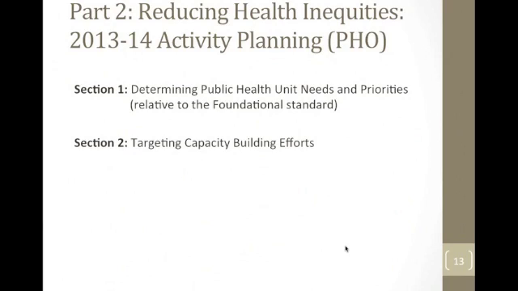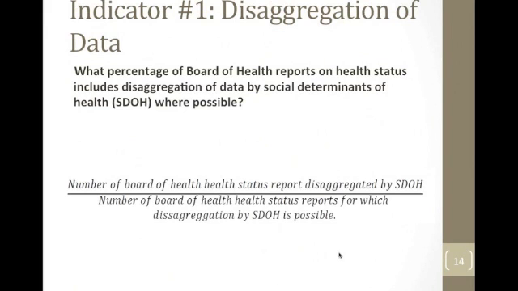And the second section are questions that will help Public Health Ontario target their capacity building efforts. The information collected in part 2 will go directly to Public Health Ontario, and their staff will be very grateful for anything that you can provide. So please do also ensure that you reply to part 2 on the electronic survey.